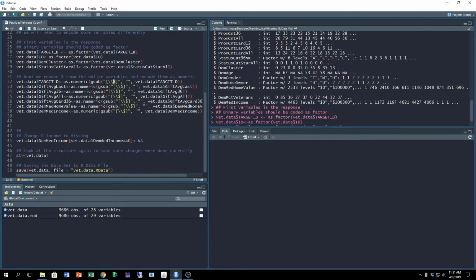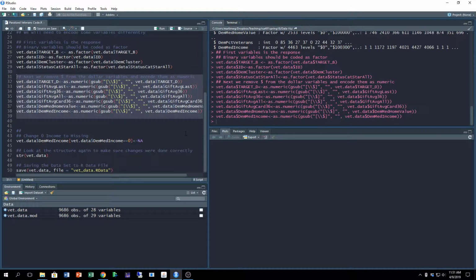One of the main issues of this data set is that it contains observations about money, and the money variables start with the dollar sign in them, so we have to get rid of those. We did this using the gsub function, and we can go ahead and run that one more time just to keep where we left off.